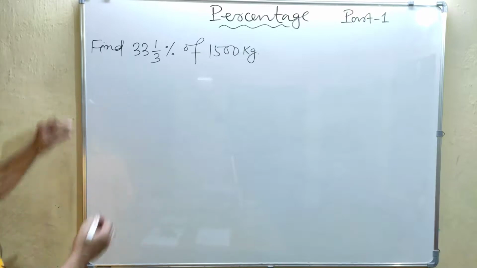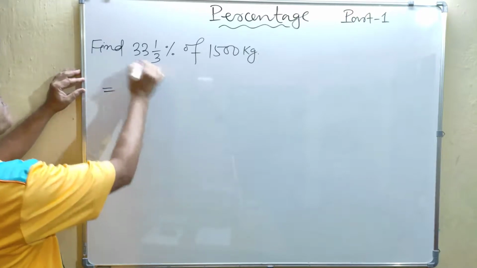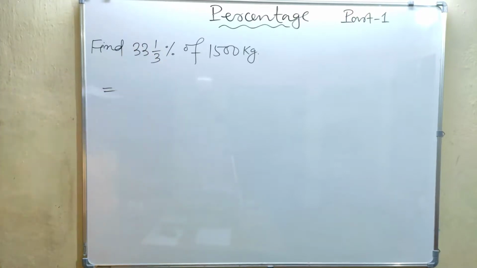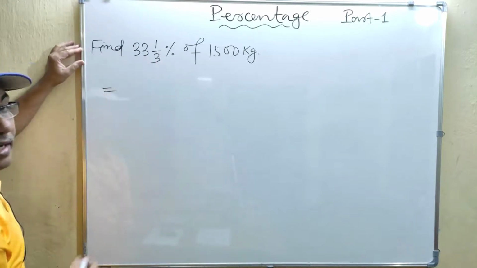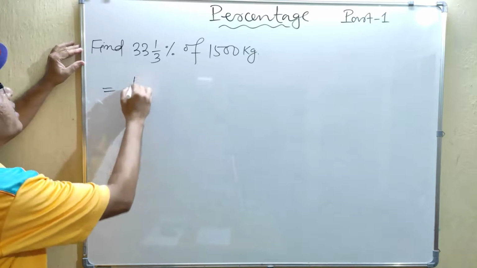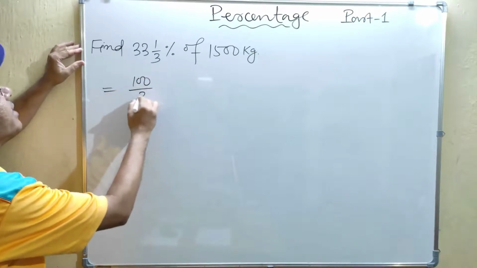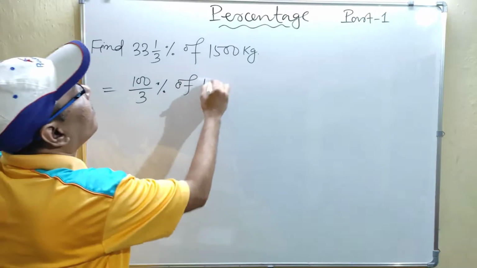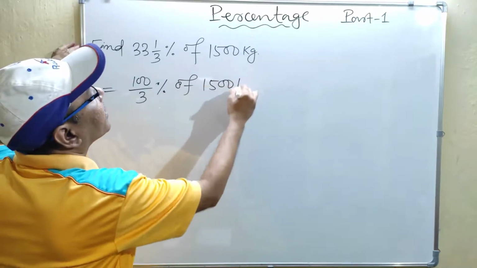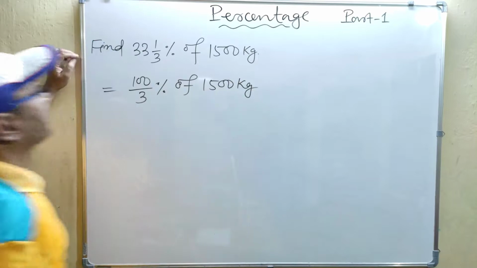Okay. See, first of all convert this mixed fraction into fraction. 33 into 3, 99 plus 1, it is 100 by 3% of 1500 kilogram. Okay.